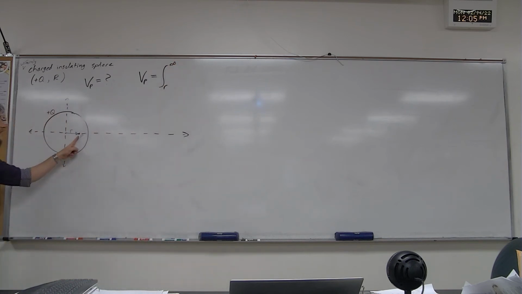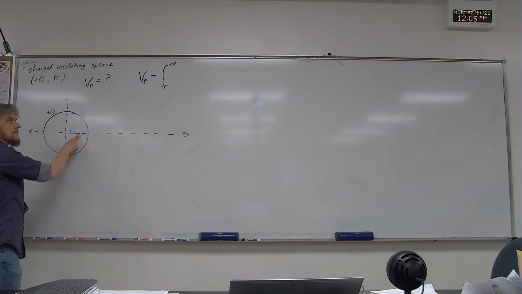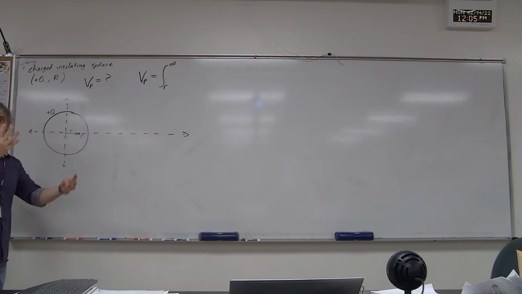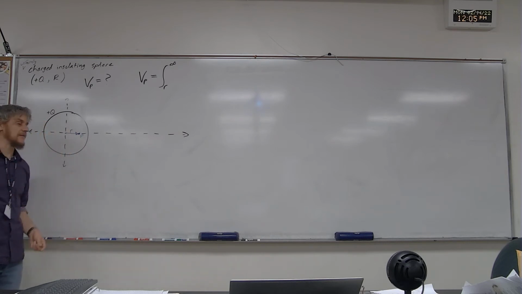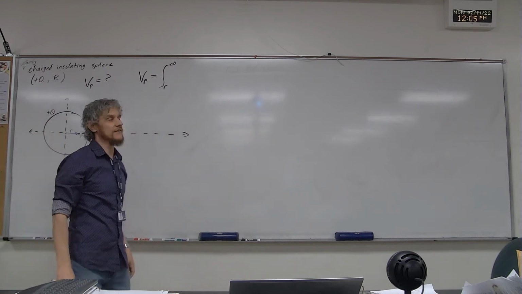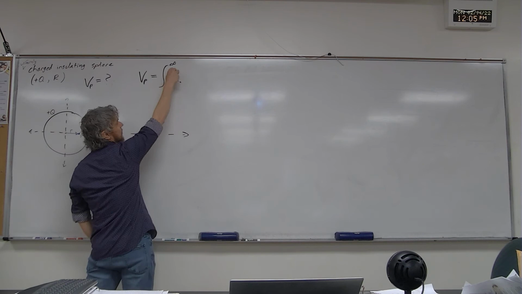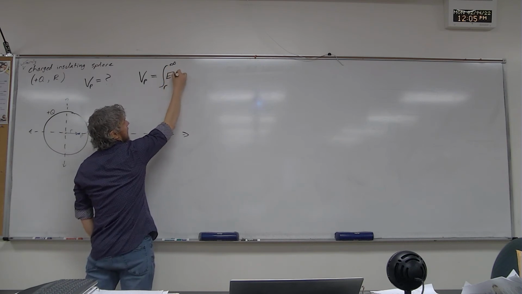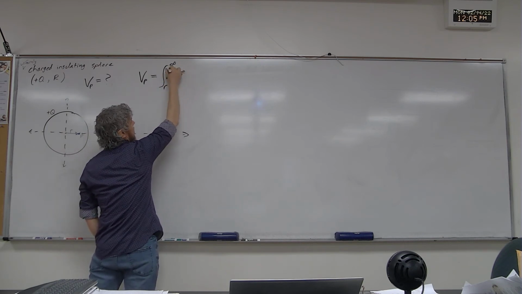Because we don't have to do any work to bring the charge any closer to the center. It's just how much work per unit charge to get it there, no more. So I stop there, doing my work. But from the perspective of the electric field, the electric field does it from there and all the way out to infinity. So I'm going to go from little r to infinity and integrate the dot product of E and dr.